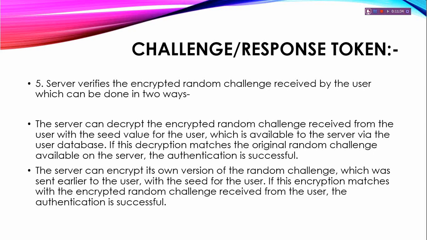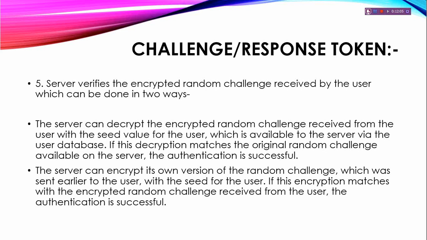And the server can encrypt its own version of the random challenge, which was sent earlier to the user, with the seed of the user. If this encryption matches the encrypted random challenge received from the user, the authentication is successful. Means in the first case, the server can decrypt it with the seed value, or the random challenge is encrypted by the seed value by the server.